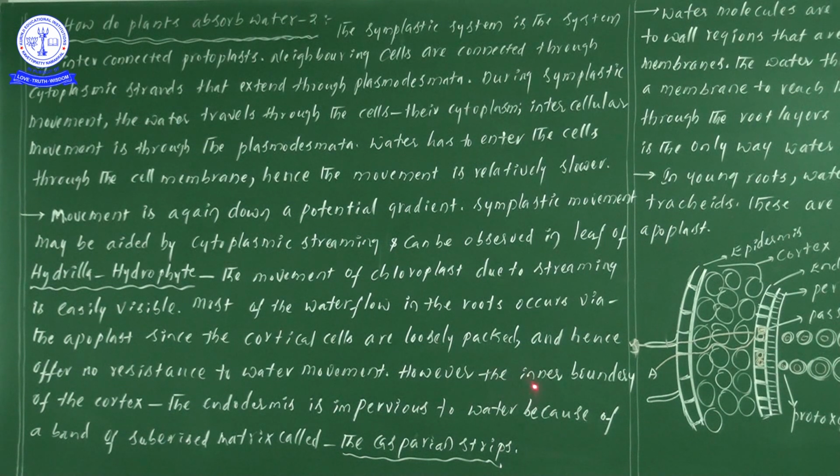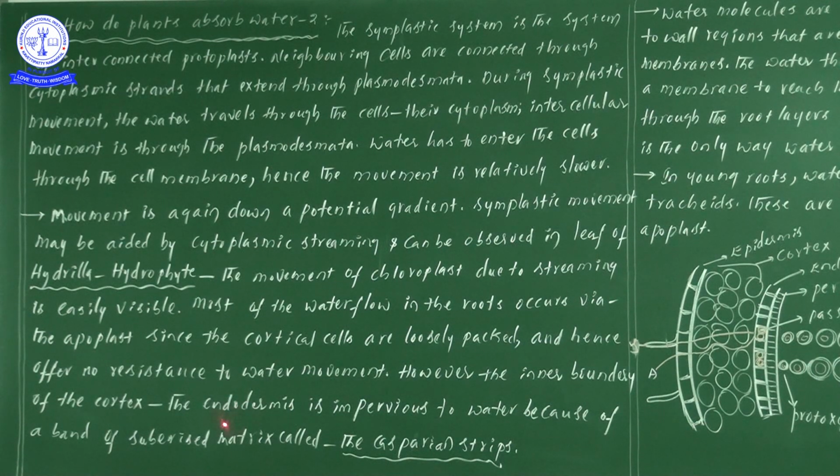Next one, however, the inner boundary of the cortex. Do you remember what the innermost layer of the cortex is? It is the endodermis. Because in anatomy, first the epidermis is there, later the cortex, and the inner layer of the cortex is the endodermis.